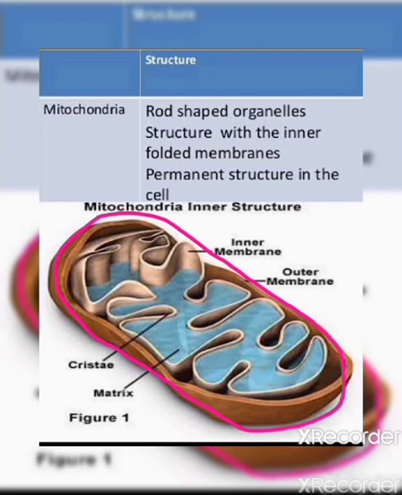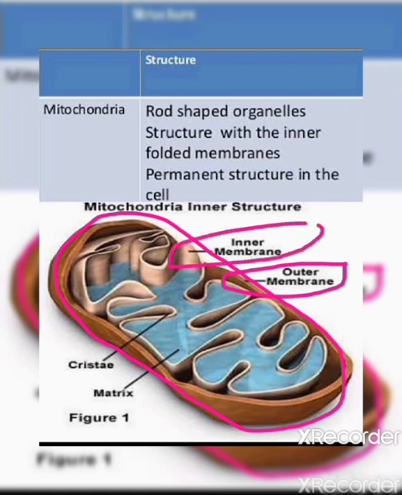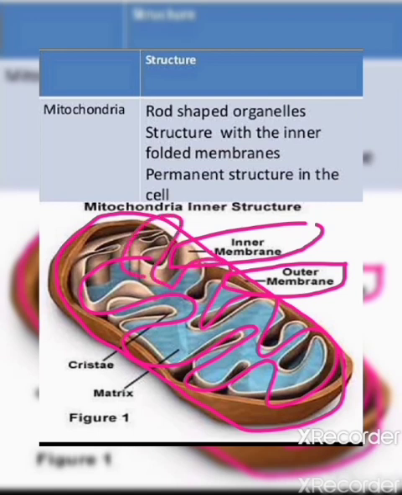The membrane which is outside is known as the outer membrane, which is given in brown color, and the membrane which is inside is known as the inner membrane. Now you can see that the inner membrane is in folded form. So this membrane changes into folded form and forms cristae.